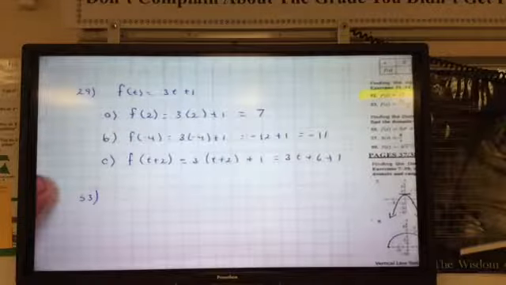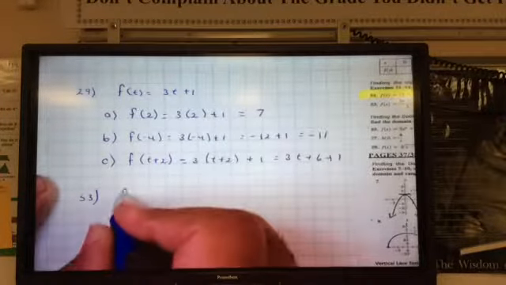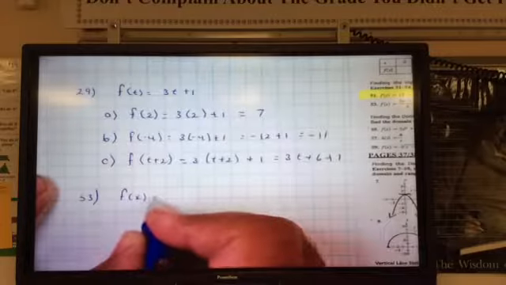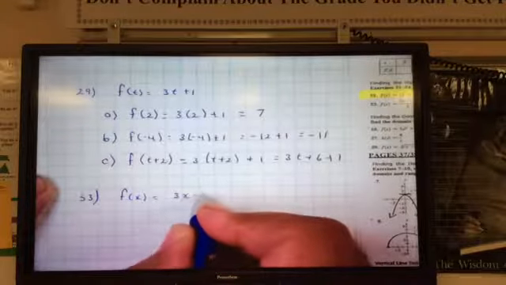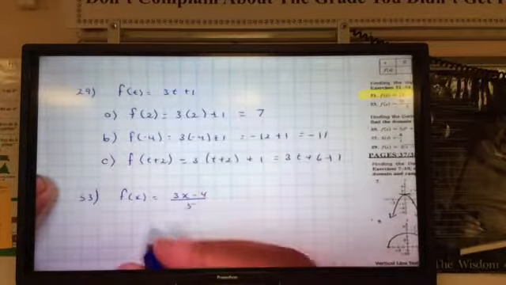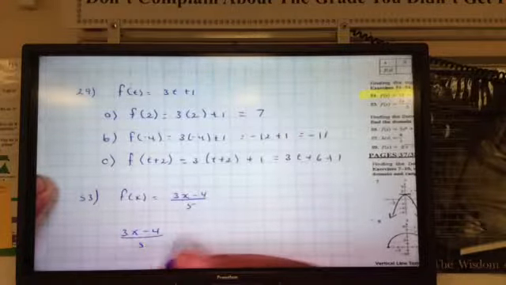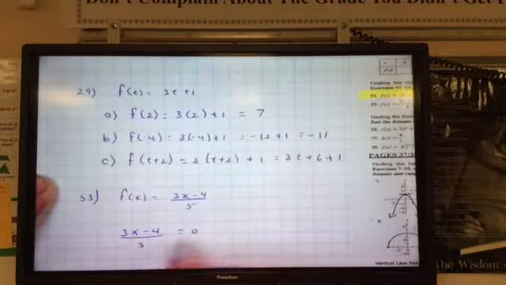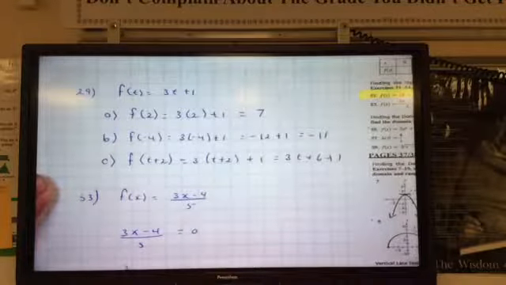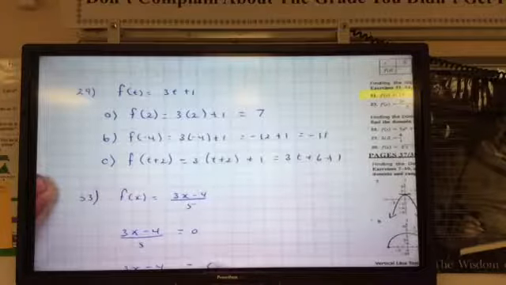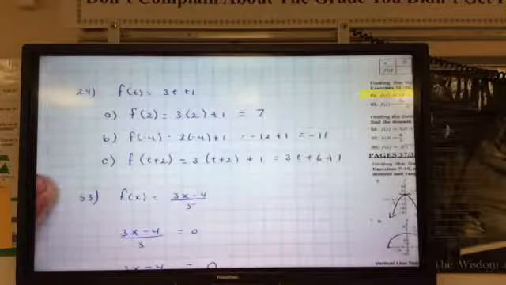So 53 says f of x equals 3x minus 4 divided by 5. So I want 3x minus 4 divided by 5 to equal 0. So if I multiply by 5 on each side, I end up with 3x minus 4 equals 5 times 0, which is 0. Move the 4 over, I get 3x equals 4.